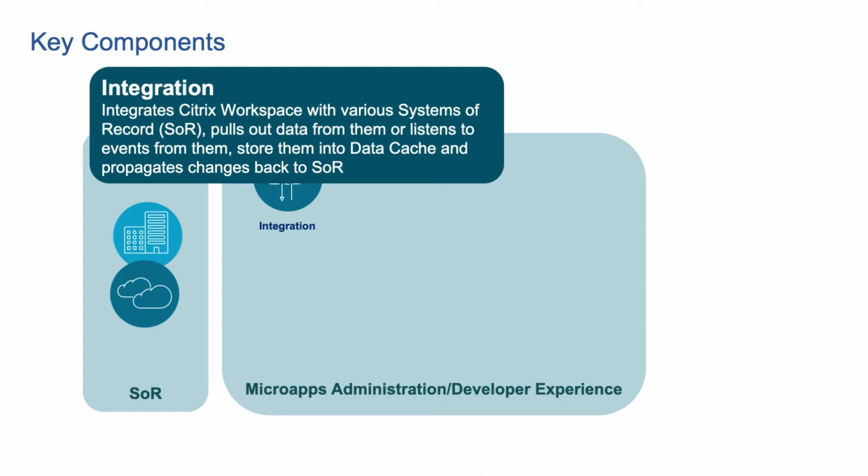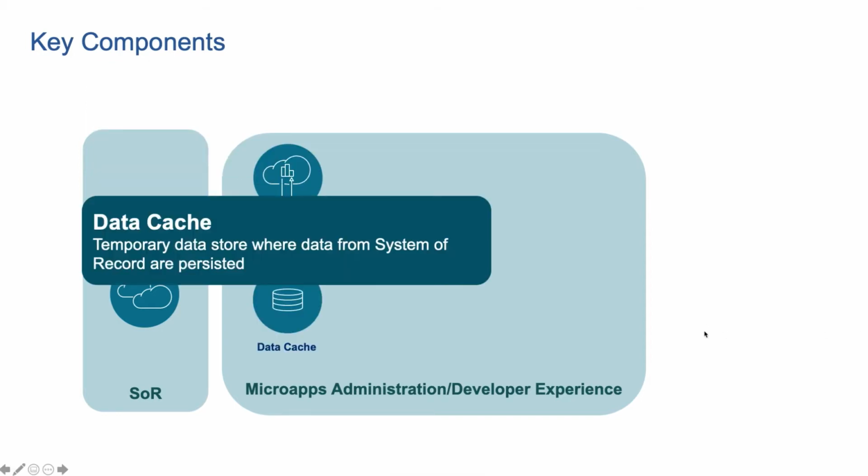Nevertheless, it enables writing data back to the system of record if needed. And as we pull or listen to the events from systems of record, we need to temporarily cache the data. I'll talk a little bit more about the reasons why when I talk about the event engine, as it is essential for it.